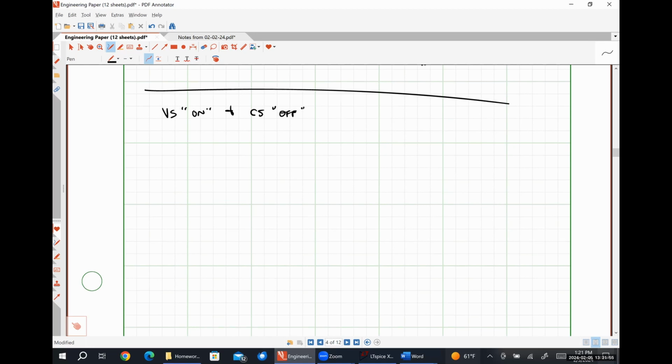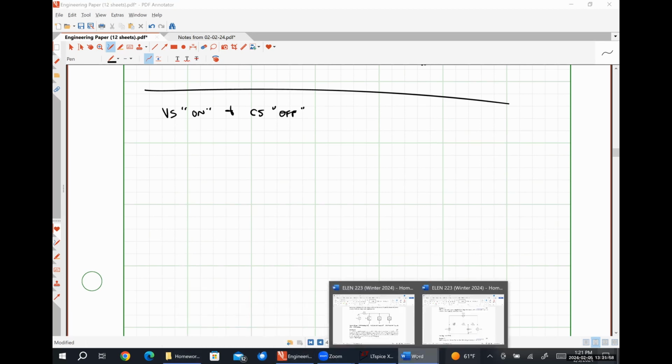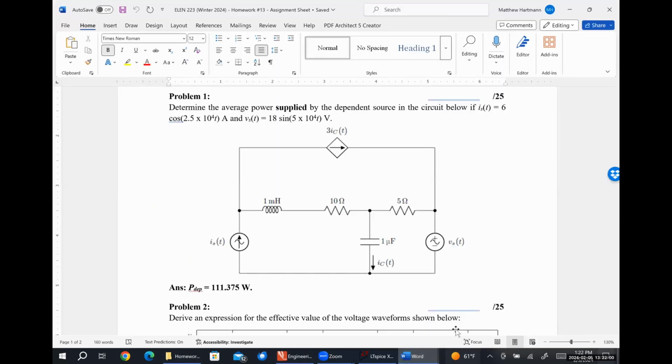Okay. So the voltage source has omega of 5 times 10 to the 4. So omega L is 5 times 10 to the 4 times 1 millihenry. So that's looking like a j50.